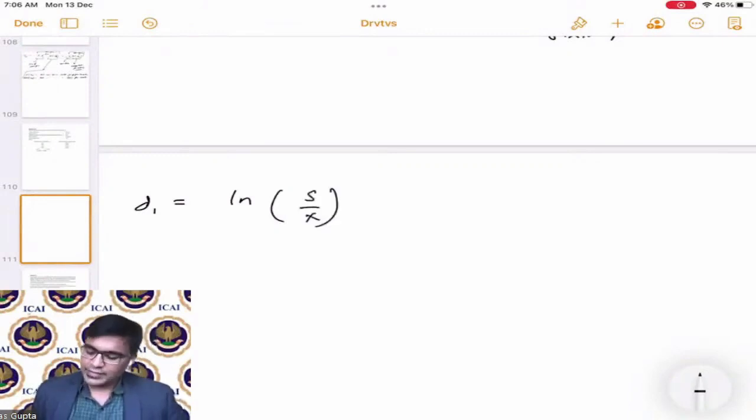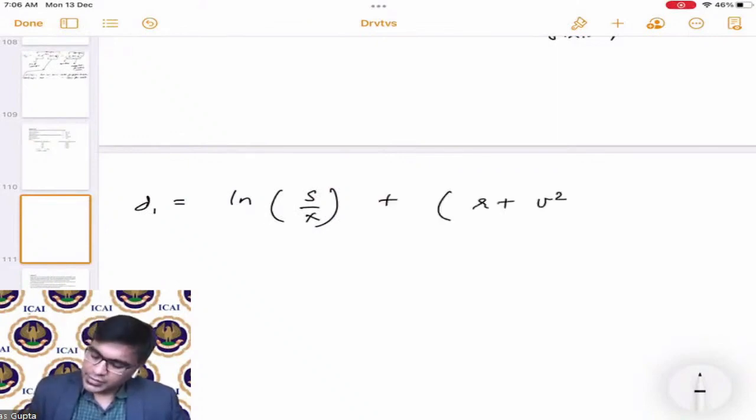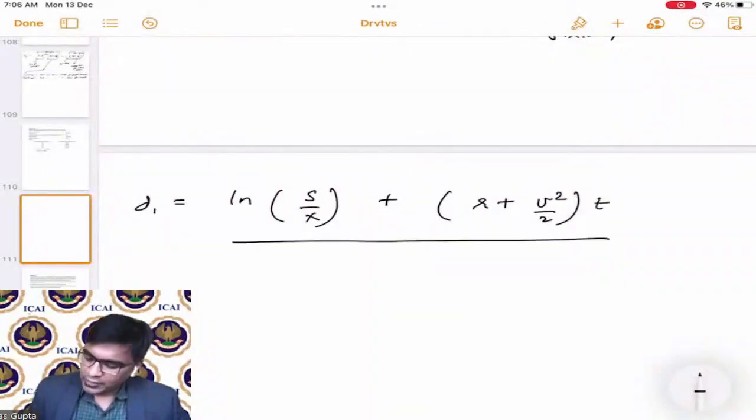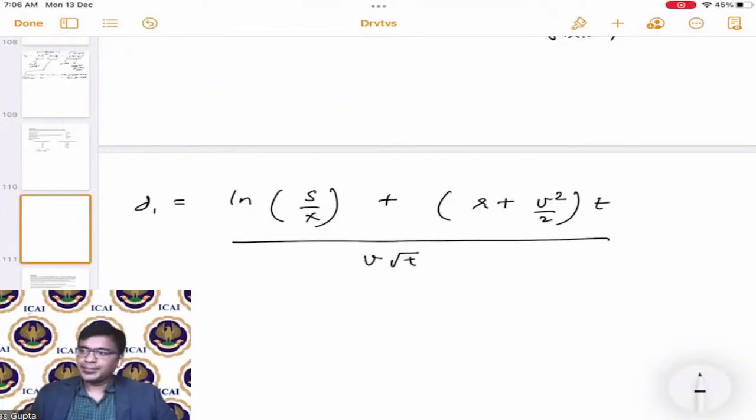Natural log of S by X, which is spot price by exercise price, plus R plus standard deviation square divided by 2, multiplied by T, this whole divided by standard deviation under root T, right? And D2 was D1 minus V under root T, correct?